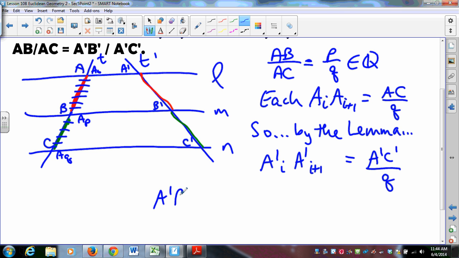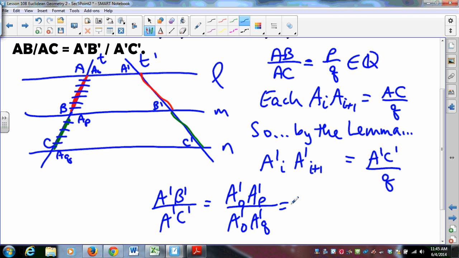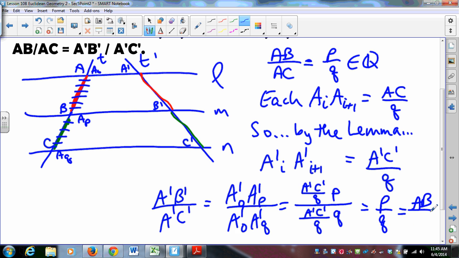So when I go to compare A prime B prime to A prime C prime, that's the distance between A prime 0 and A prime P, over the distance between A prime 0 and A prime Q, which is A prime C prime over Q times P over A prime C prime over Q times Q, which is P over Q, which happened to be AB over AC. And since this is equal to that, I am done.